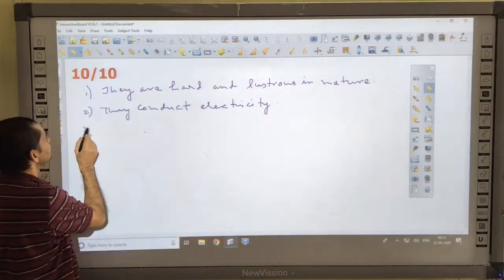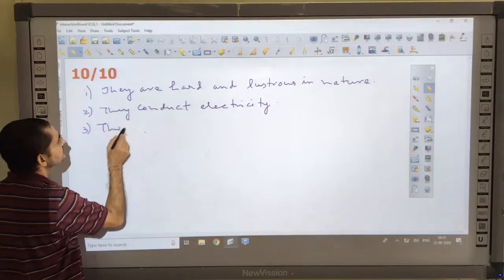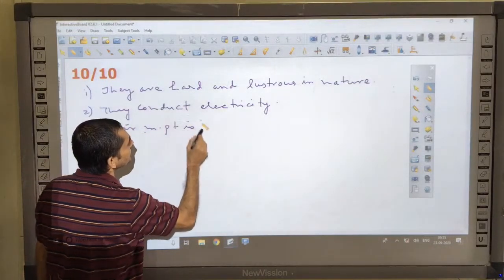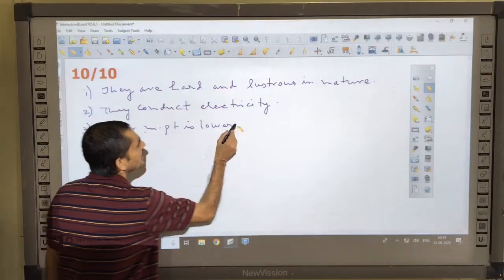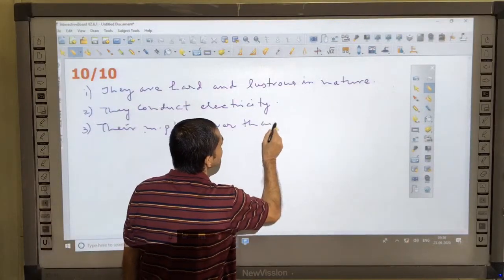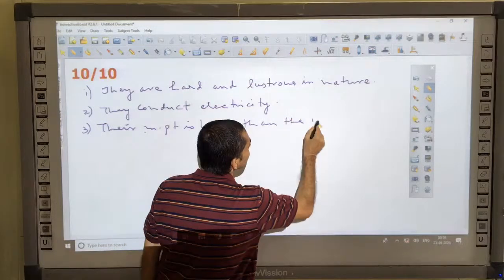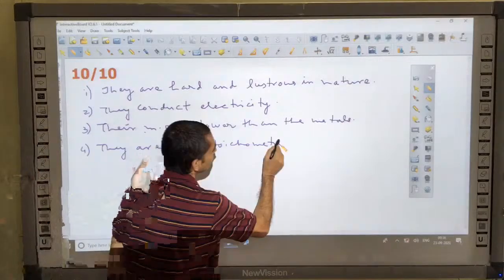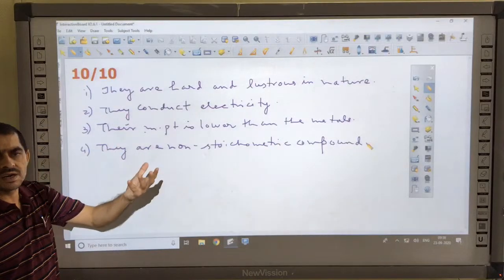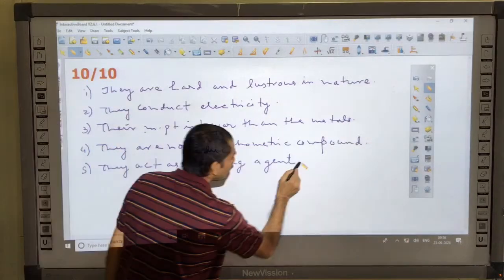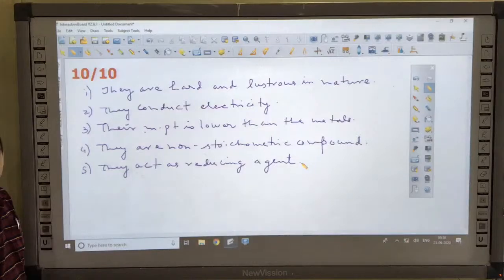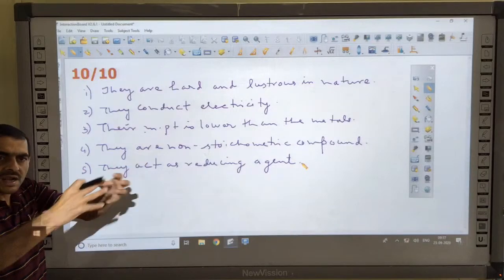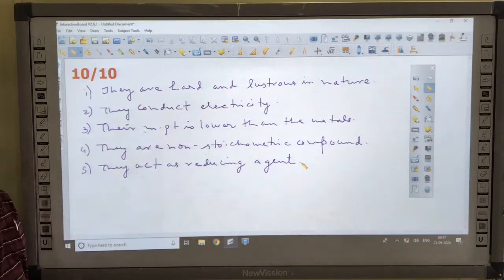Number third, their melting point is lower than the metals. They act as reducing agents. They have greater metallic properties. The metallic bonding is stronger in metallic hydrides.